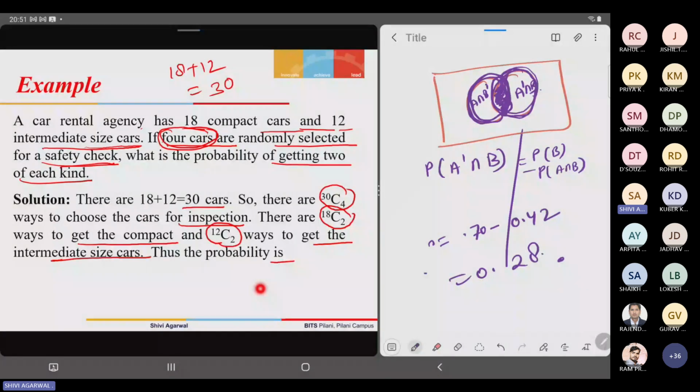So the required probability is 12C2 multiplied by 18C2, which is the favorable cases, divided by 30C4. So this is the favorable case divided by the total number of possible options.